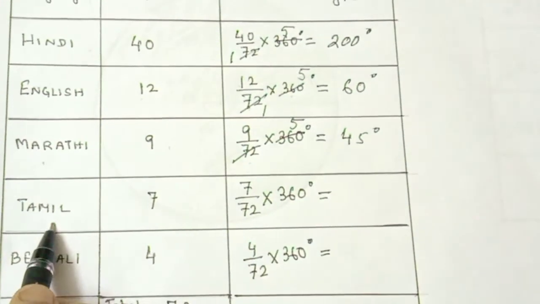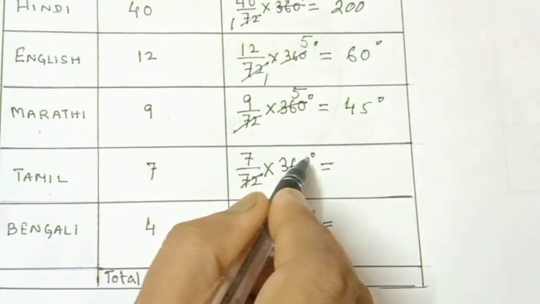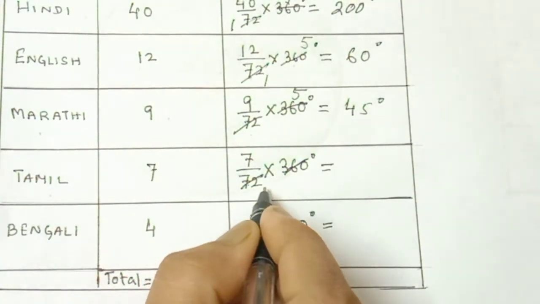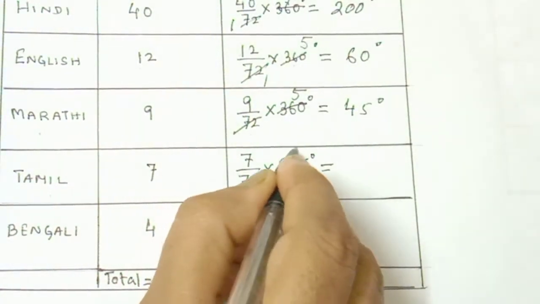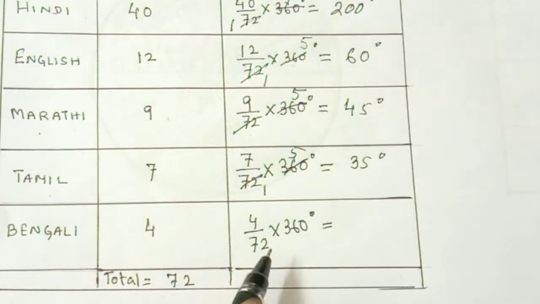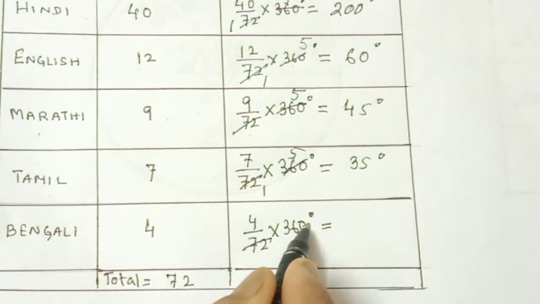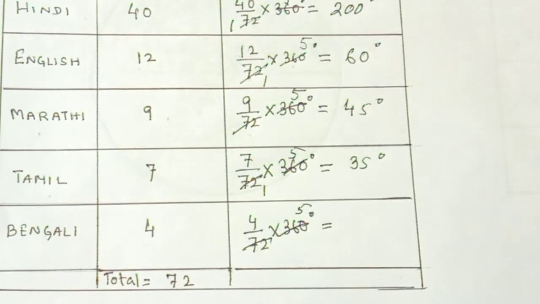Next Tamil, out of 72, 7 students. So cancel it. Out of 360 degree how many? 1 and 5. That means 7 5 is 35 degree. Next is Bengali, out of 72, 4. So out of 360 how many? So 20 degree.